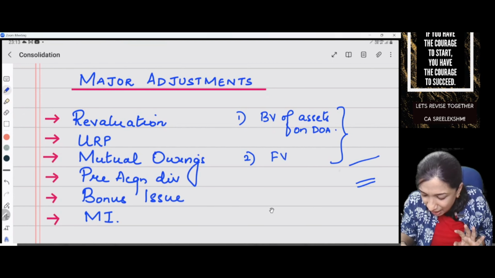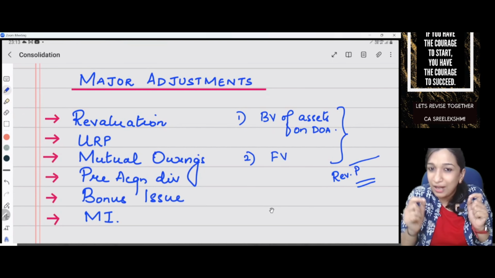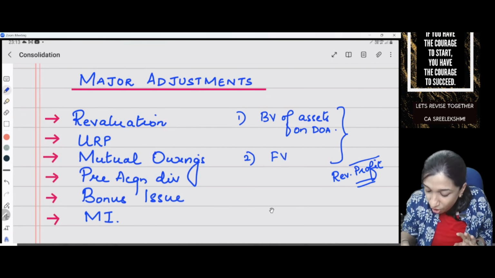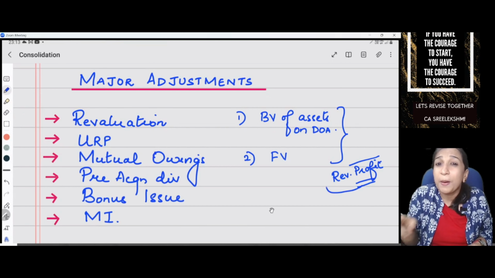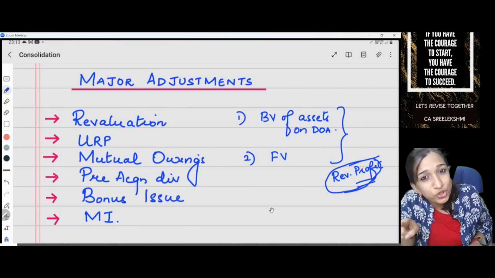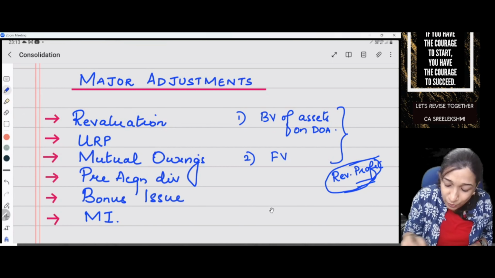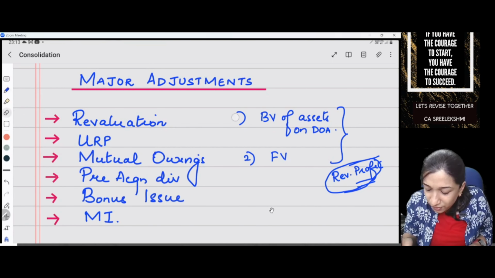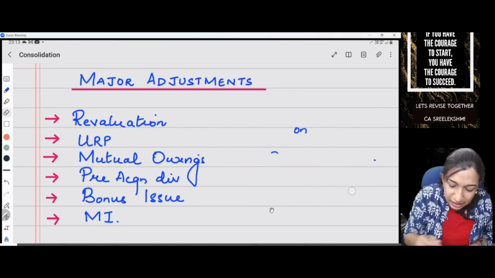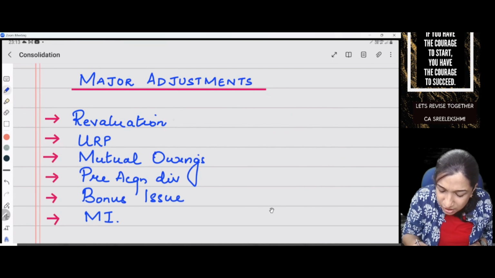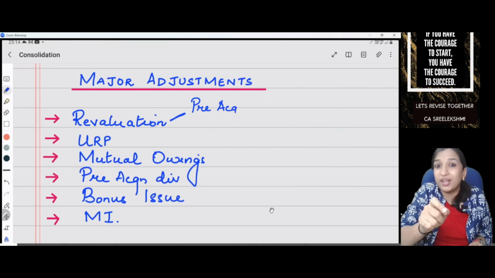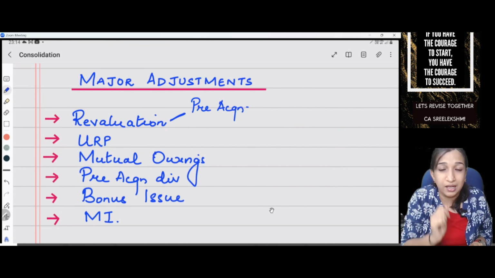Is revaluation profit or revaluation loss in the nature of pre-acquisition or post-acquisition? Pre or post. This revaluation profit or loss is always in the nature of pre-acquisition, because on the date of acquisition there is revaluation.